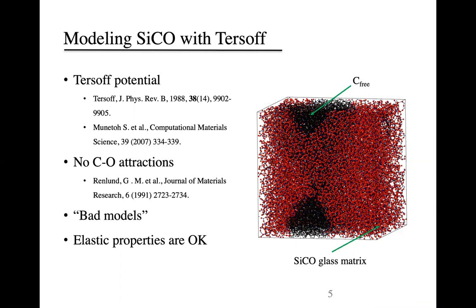Now, while the Tersoff potential does produce models that are rather bad, where the glassy matrix especially has poor local coordination, since parameters are fit to elastic properties in the first place, at least elastic properties produced by the Tersoff potential agree with experiment.